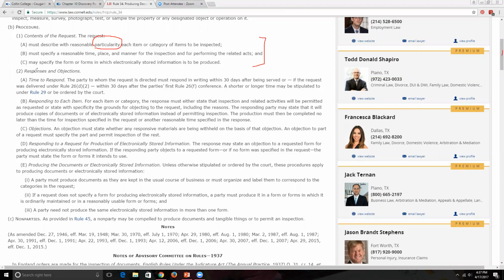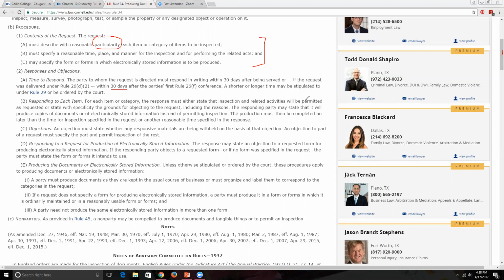Now we have to look at the responses. So this tells us what the request says. This tells us what the responses need to say. We've already talked about the time period. 30 days is the general rule. Again, possibly adding those 3 extra days depending upon how it's served on the respondent. And then responding to each request.